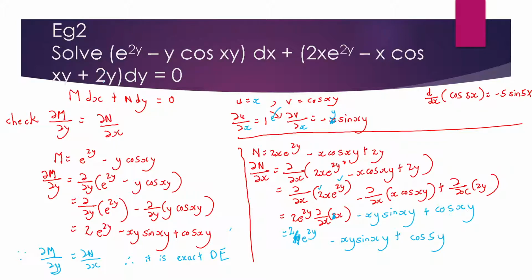So, given m dx plus n dy equal to 0, if del m del y is equal to del n del x, then this differential equation is exact. So example 2, this is an exact differential equation. Okay, if exact differential equation, later on, how are we going to obtain its solution?